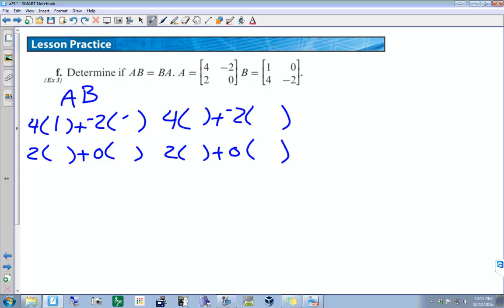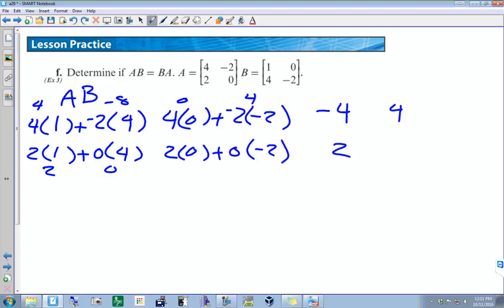Now, 1, 4, 1, 4, 0, 0, negative 2. So, that turns out to be 4, negative 8. So I end up with negative 4. Here, 2, 0, 2. Here, 0, 4, 0, 0, easy.